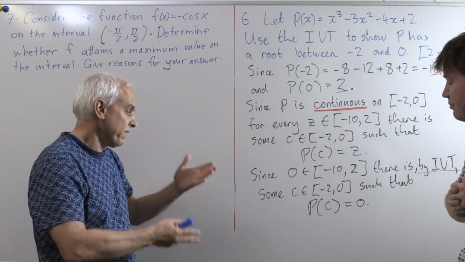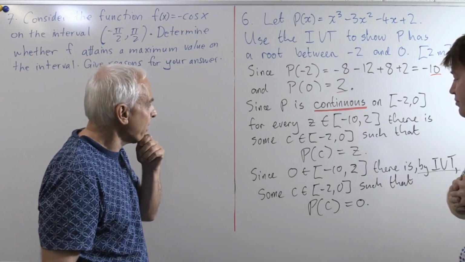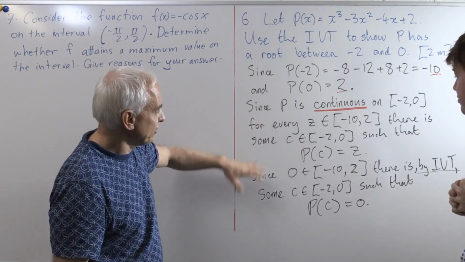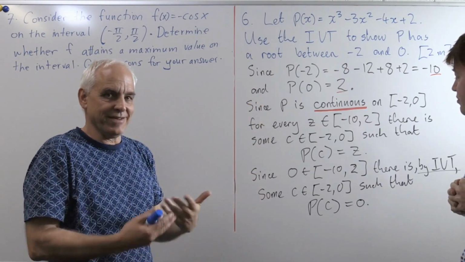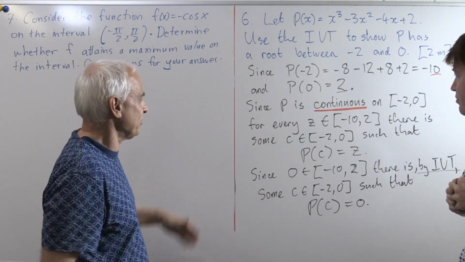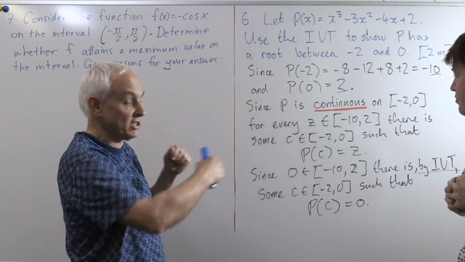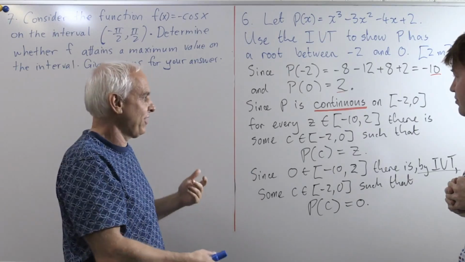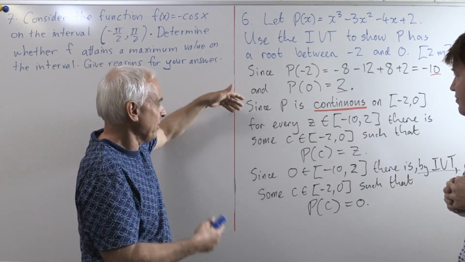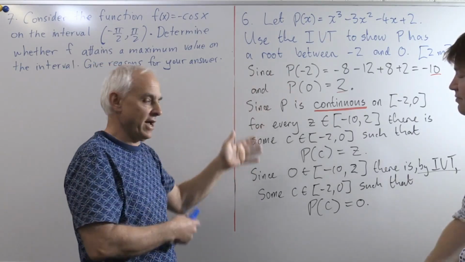If the question was on a final exam, maybe worth a little bit more. The fact that Daniel's solution here is well laid out sort of as an English paragraph, you can see there's some logic to it. It's not just disjointed formulas. It's sort of an argument: since p is continuous, this is that, there's a logic.